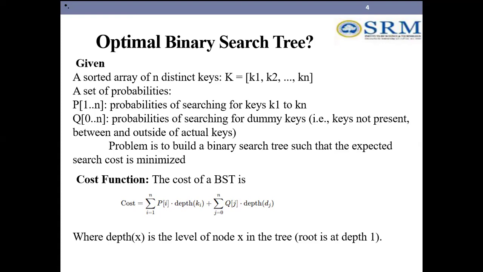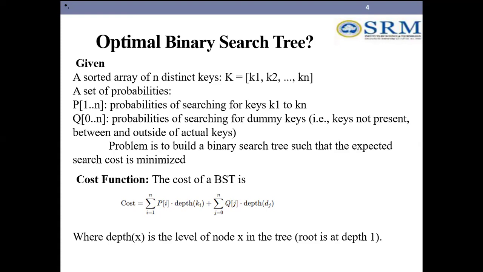That is called depth. Then j equal to 0 to n, the sum of q_j times the depth of d_j. Q is the unsuccessful probability, where depth of x is the level of node x in the tree. The depth means the node level. The root node has 1, the next level 2, like that.